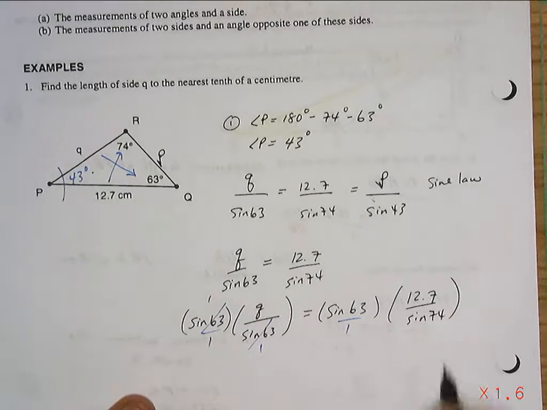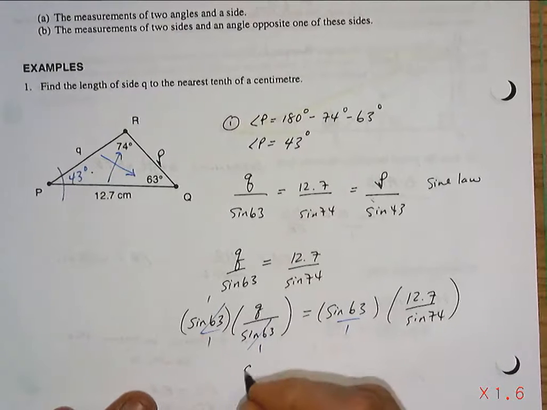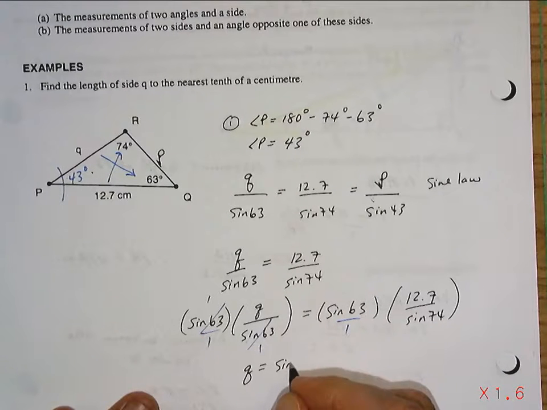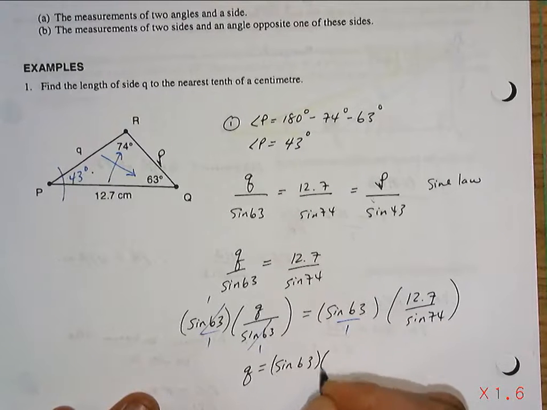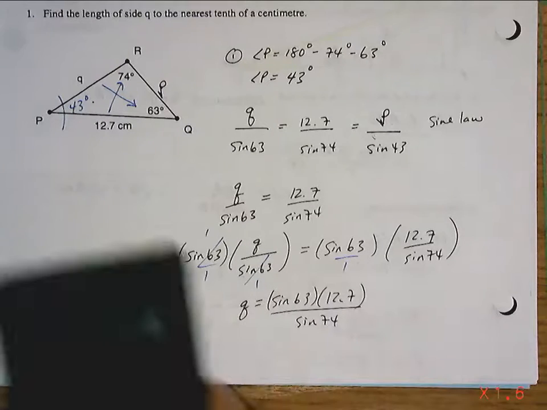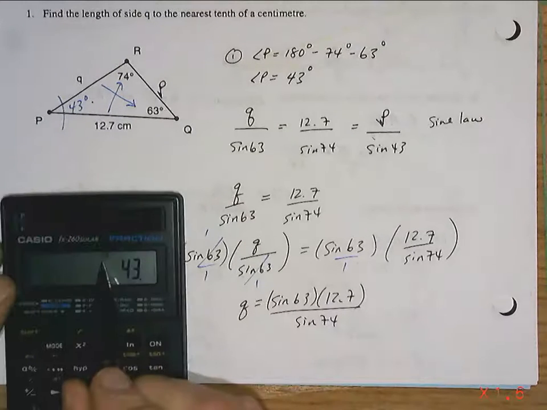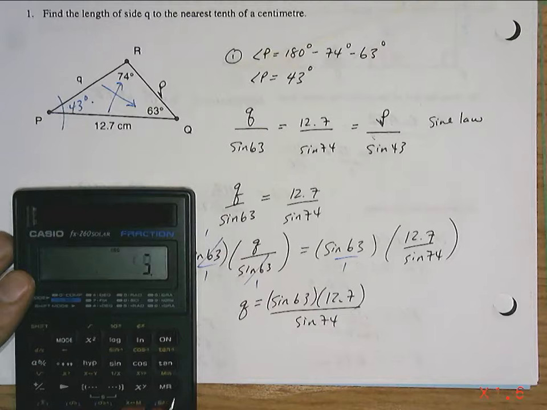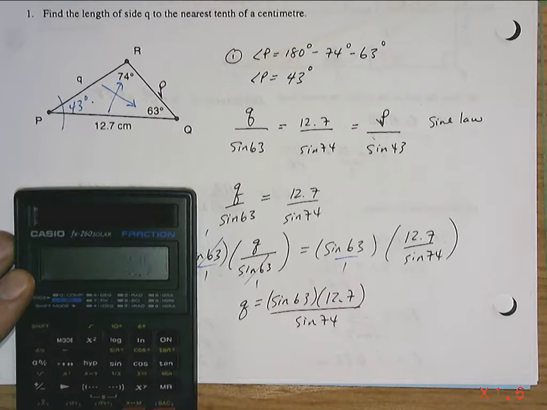And top times top, bottom times bottom, I'm going to be left with Q equals sine of 63 times 12.7 over top of sine of 74. Using your calculator, make sure you're in degrees. So 63 sine times 12.7 equals, divided by 74 sine equals.